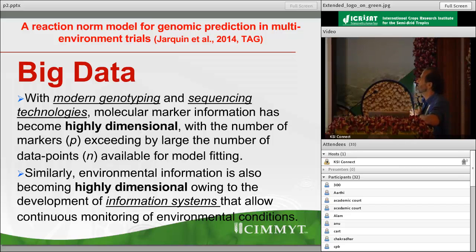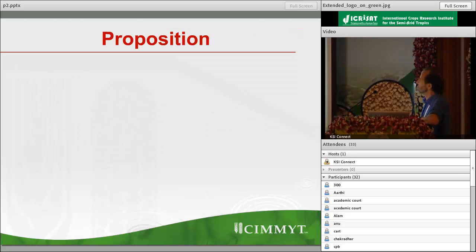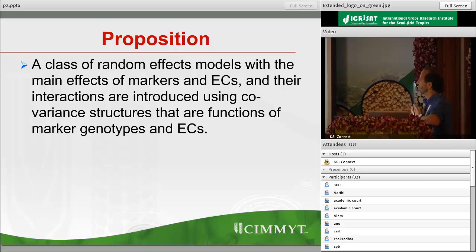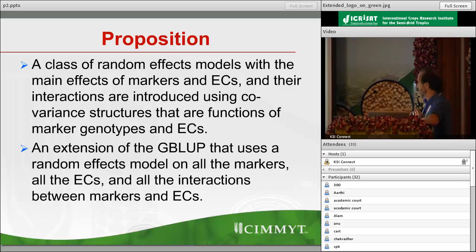This is nothing more than a simple extension of the standard GBLUP model that uses the random effect of the model for the markers and for the environmental covariables. And actually, this model is exactly within the framework of the Cockerham and Kempthorne models in 1954, when they used the pedigree at that time.